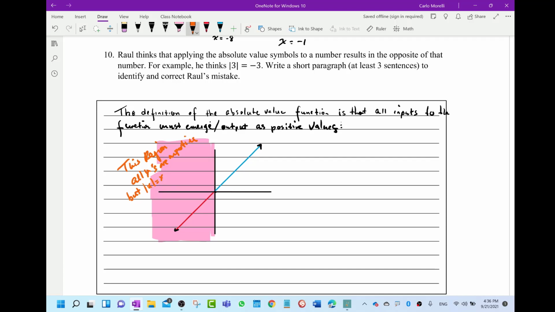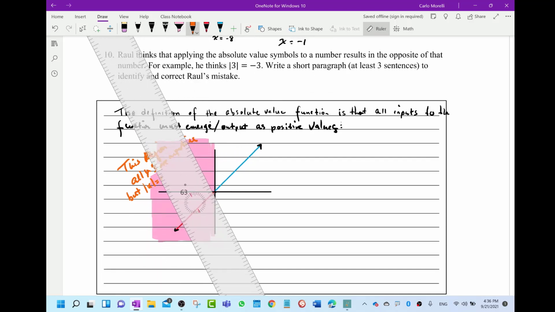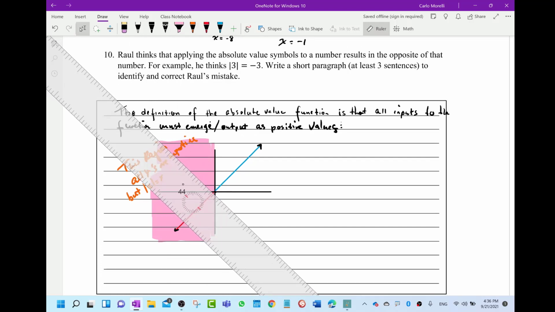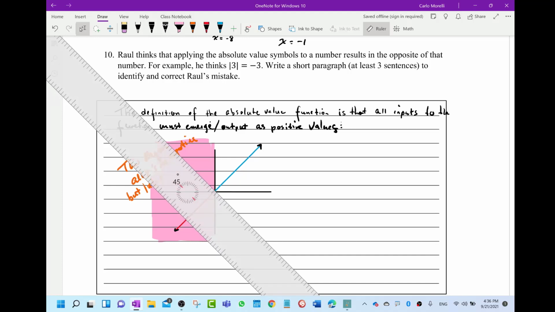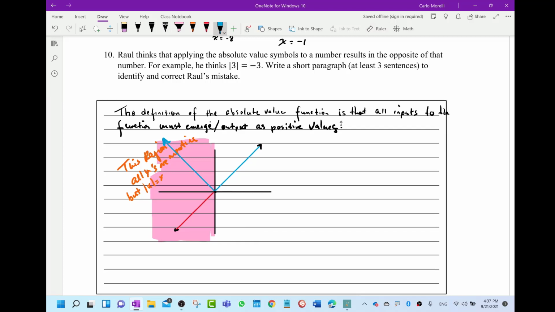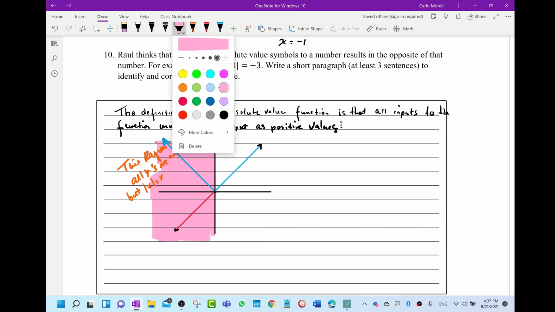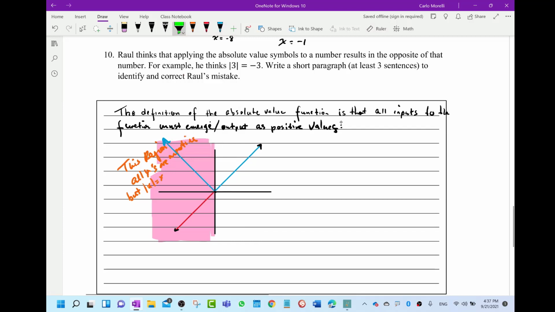Pictures tell 1,000 words, right? So in here, this is literally true. Get that 45-degree line and come right in here. So here's what you do. You're going to reflect that red line across the x-axis and just make it positive. Bingo. Then I would take a highlighter and say, here's your actual absolute value function.